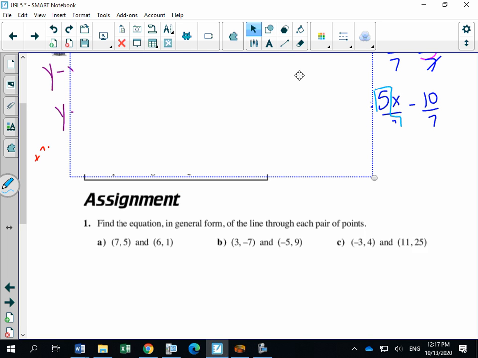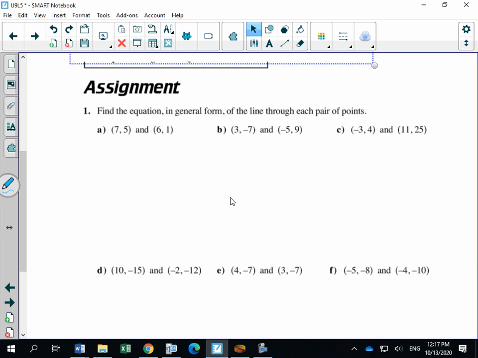Okay, so for question number 1, could you guys circle A, C, and F? So A, C, and F. So you're given 2 points. Oh, and if you have 2 points, what are you going to calculate first? Slope. Yeah. Then from there, pick either of the 2 points and go into slope point form. And then from there, you go to general. Okay?